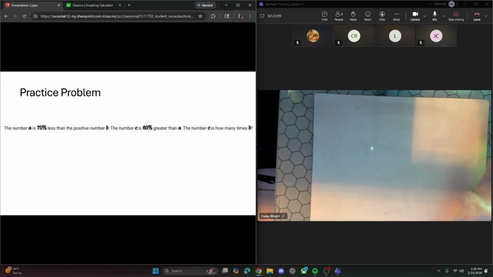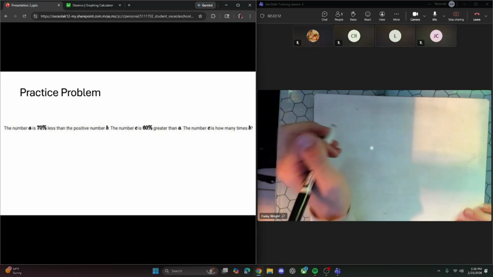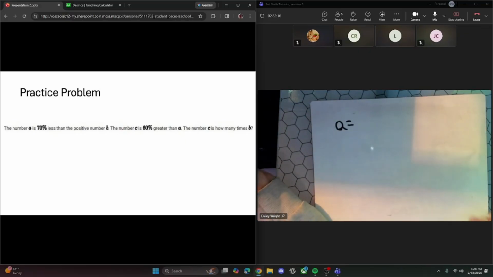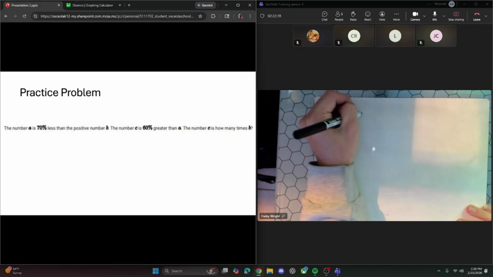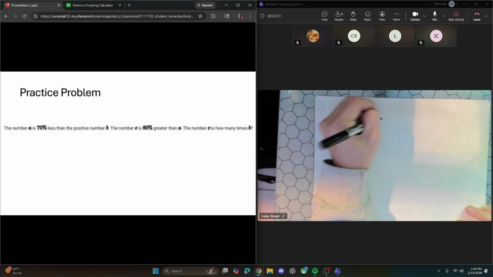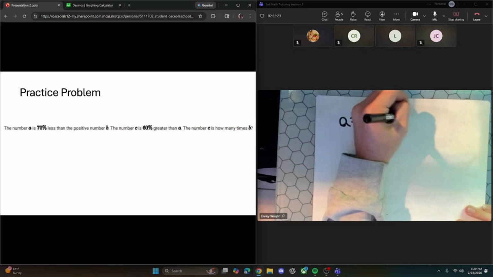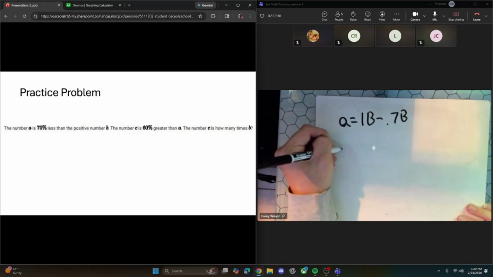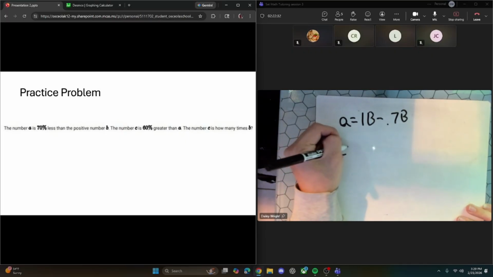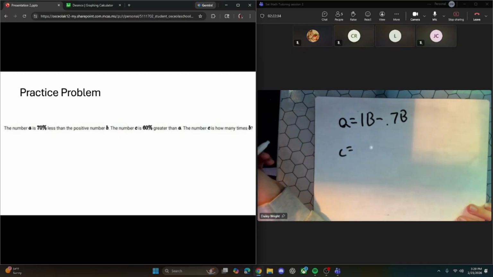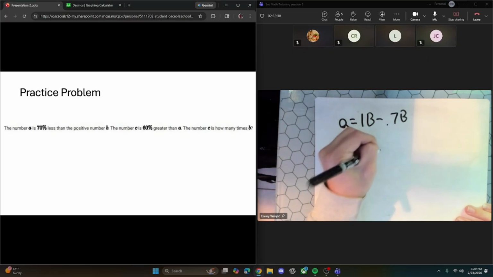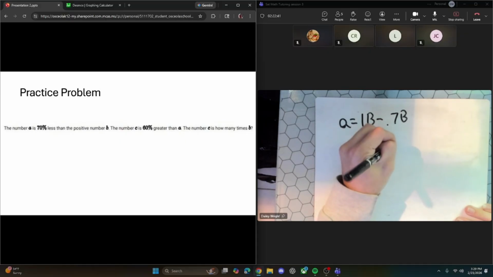The number A is 70% less than positive number B. You see that A is again, so A equals 70% less, which is 1B minus 0.7B. The number C is 60% greater than A. It says C is, so you know to put that equal sign. 60% greater than A, so it'd be 1A plus 0.6A.